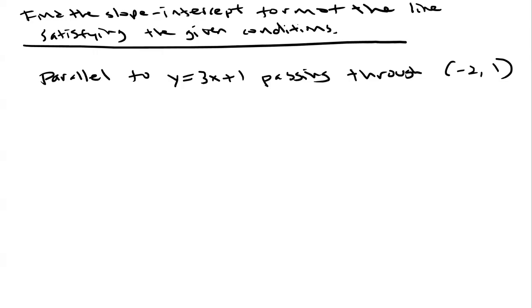This line is parallel to y equals 3x plus 1 and passes through -2, 1.